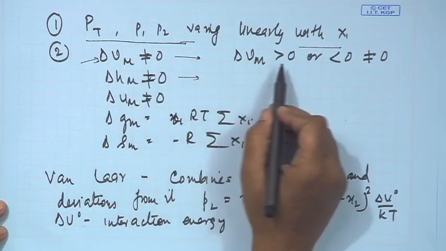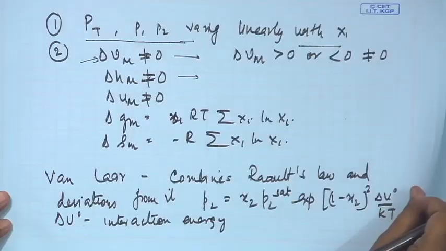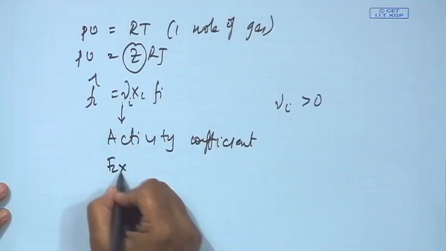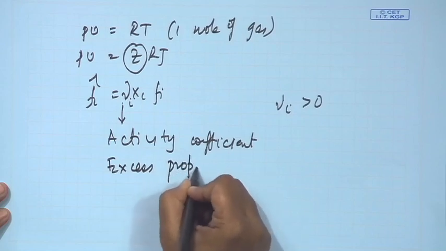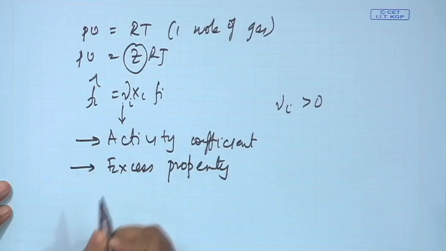And this excess property which the solution has, just because it is not ideal, is known as the excess property of the solution. So, with the advent of non-ideality, what are the things that we have come across? We have come across an activity coefficient, and we have come across another set of properties known as the excess properties, similar in concept to the departure functions or residual properties which we described for real gases.